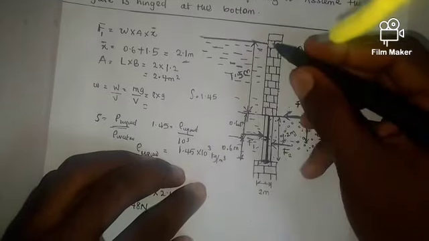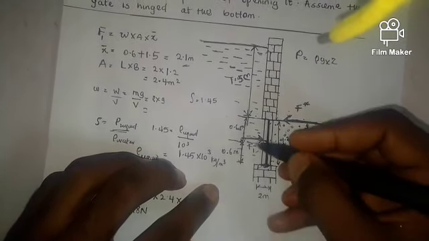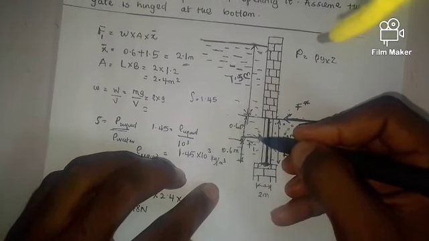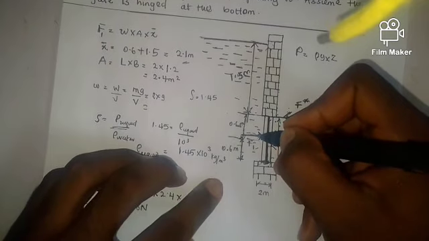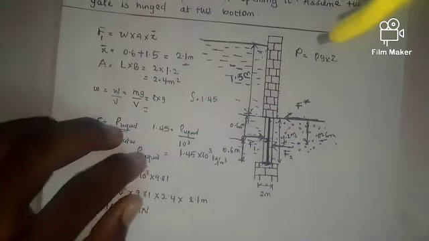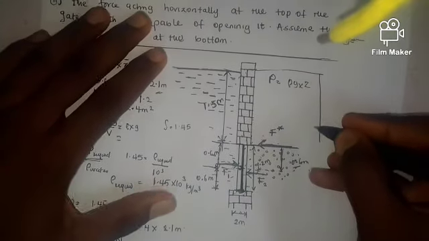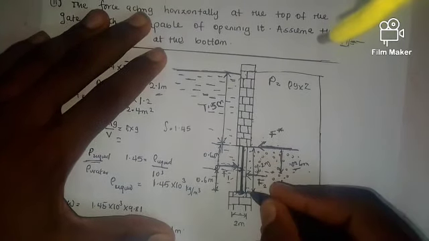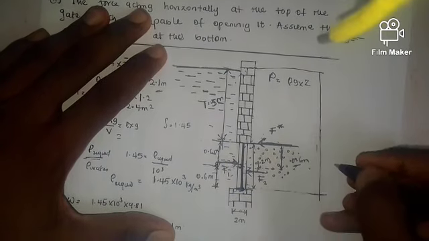So from here to here is 1.2 plus 1.5, then subtracting from it the center of pressure of this force, the point at which this force is acting relative to the surface of the liquid, I should have my distance over here. I'm going to repeat myself. From this point up to the hinged part, we said is the height of the gate, which is 1.2.